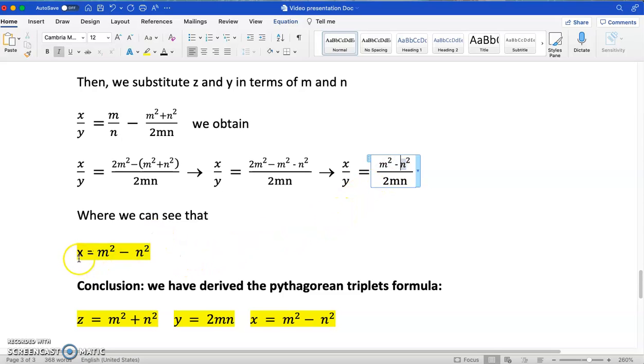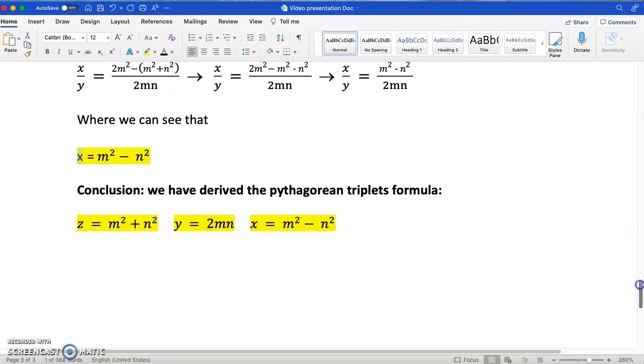So we have that x equals m squared minus n squared. In conclusion, we have derived the Pythagorean triplets formula. We obtain that c equals m squared plus n squared, y equals 2mn, and x equals m squared minus n squared.